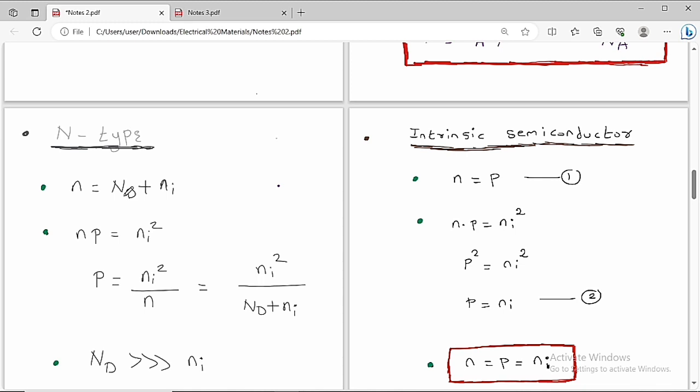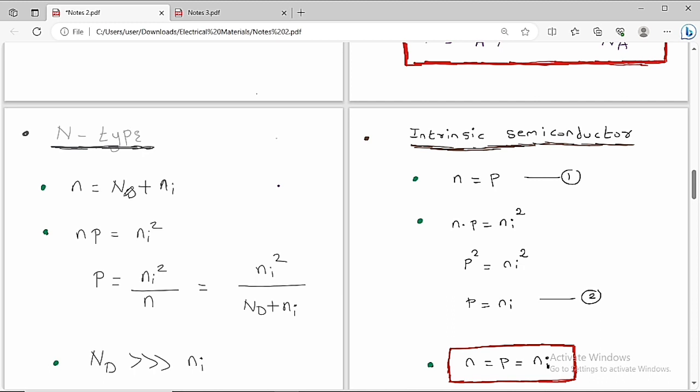Because of that, some electrons are present as charge carriers in the conduction band, so conduction will still occur. Therefore, it is going to act like a conductor. So finally, the very important thing you always have to keep in your mind is that whenever you keep the intrinsic semiconductor at 0 Kelvin temperature, it is going to act like an insulator.